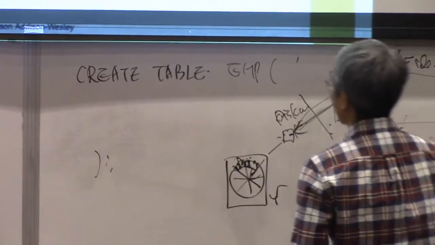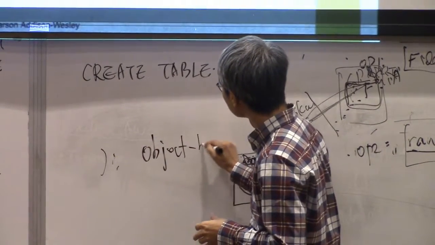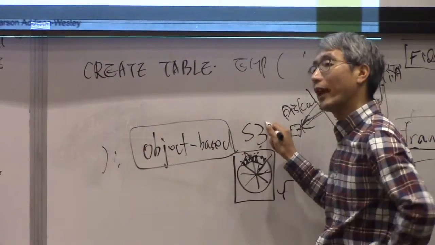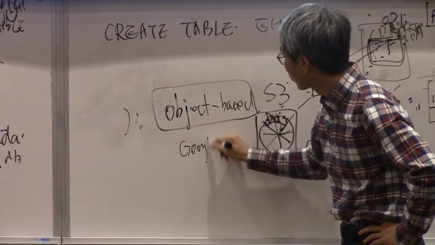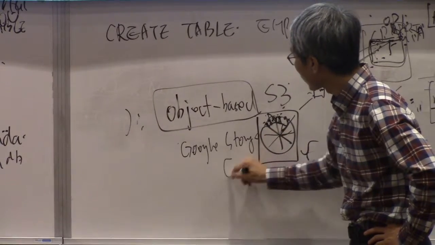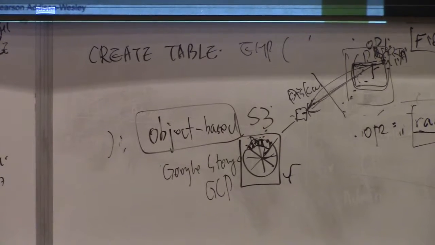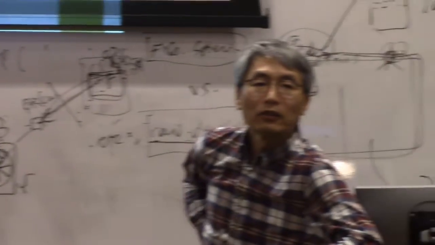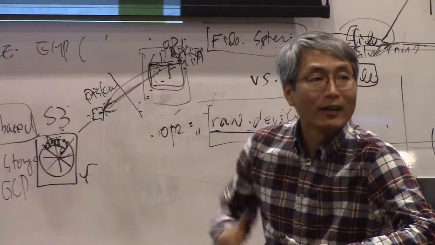Most of them nowadays support object-based storage, for example S3 on AWS or Google storage on GCP. They are called object-based storage. Object-based storage means what is the basic item? What will be the very basic unit of your storage? It's an object. File is set.